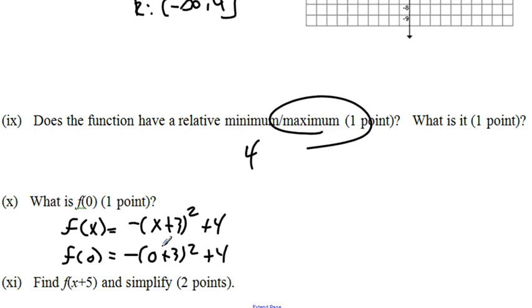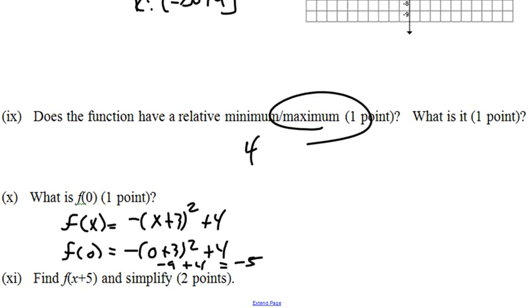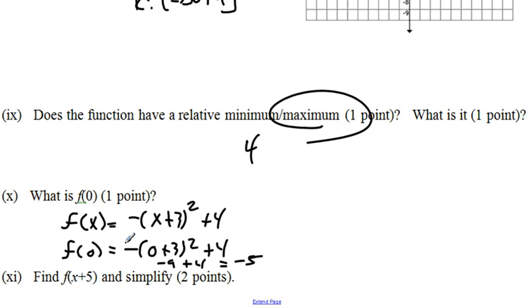This is 9 times negative, so that's -9 plus 4. And that means when I plugged in 0 for x, I get -5. So this is the point (0, -5). And if I come over here, don't I have the point (0, -5)? See that there? So basically all we did was show what the y-intercept was.